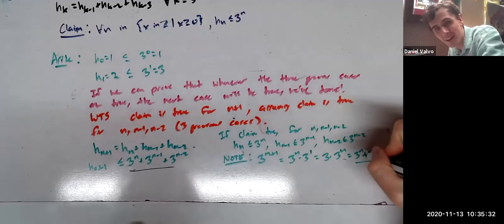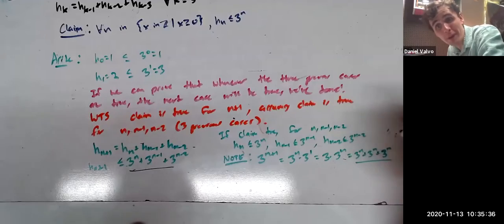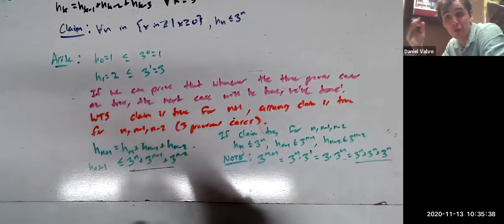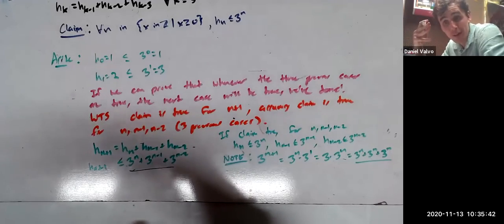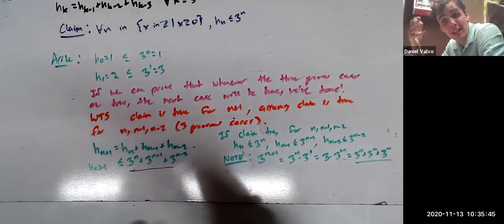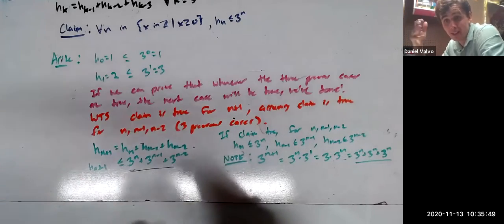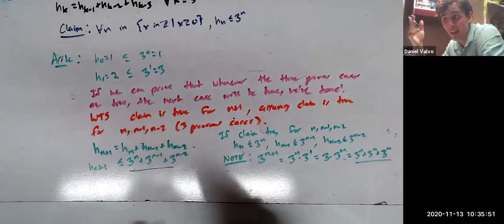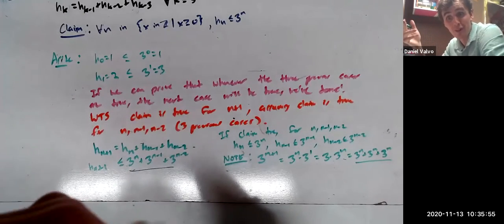The powers here are always bigger. And note that 3 raised to a bigger number is bigger, right? 3 raised to n is bigger than 3 raised to the n minus 1. 3 raised to n is certainly bigger than 3 raised to the n minus 2, because 3 to the n is 3 to the n minus 2 and 2 more additional powers of 3 above that, right?